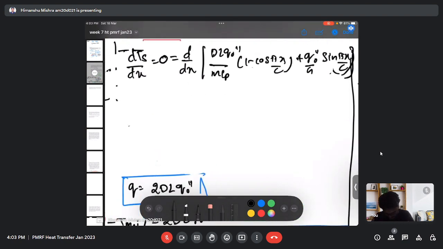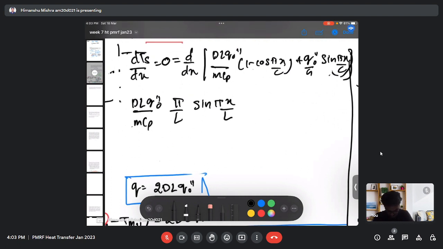So when I differentiate it, I will get pi by L sin pi x by L equal to 0.